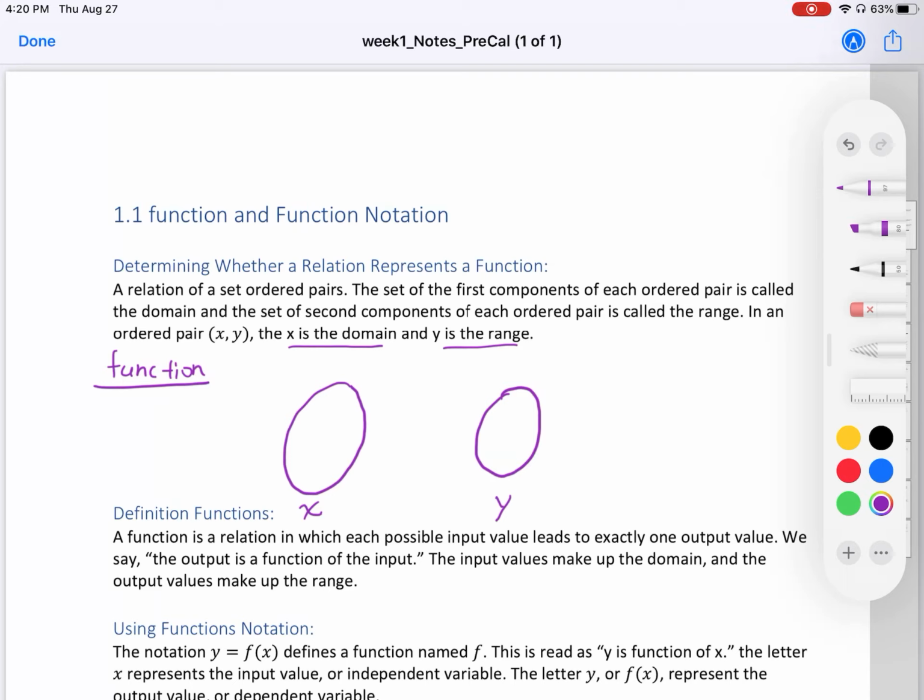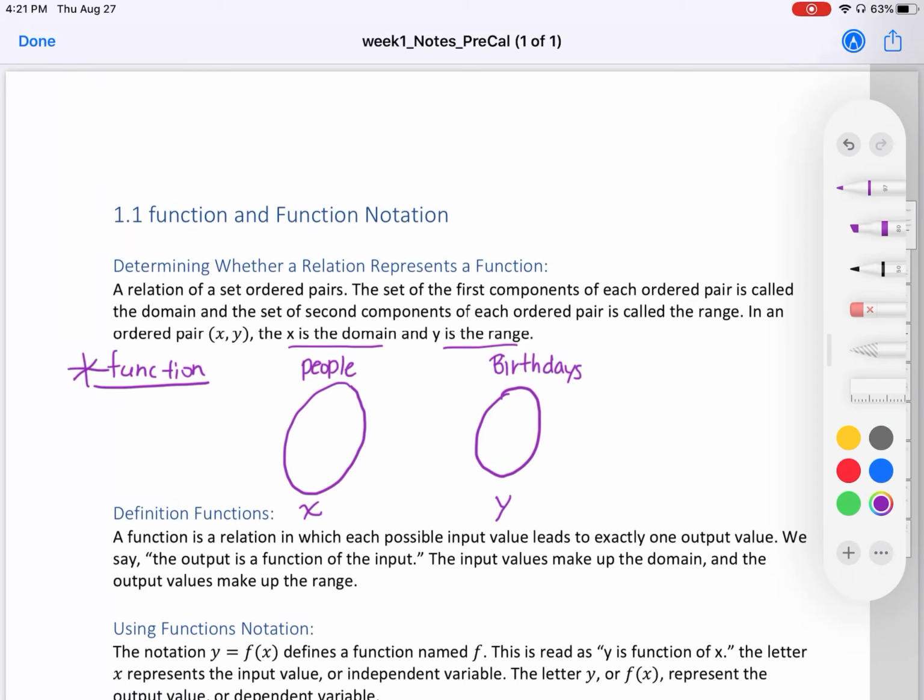Let x be people and let y represent birthdays. If you think of birthdays and people as the relationship between x's and y's for a function, then it always helps out.